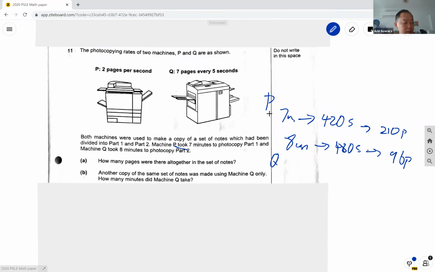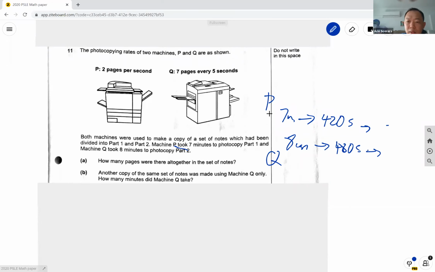Altogether, 306 pages. Okay. Not correct. Oh, sorry. It's 2 pages per second, not 1 page per second.